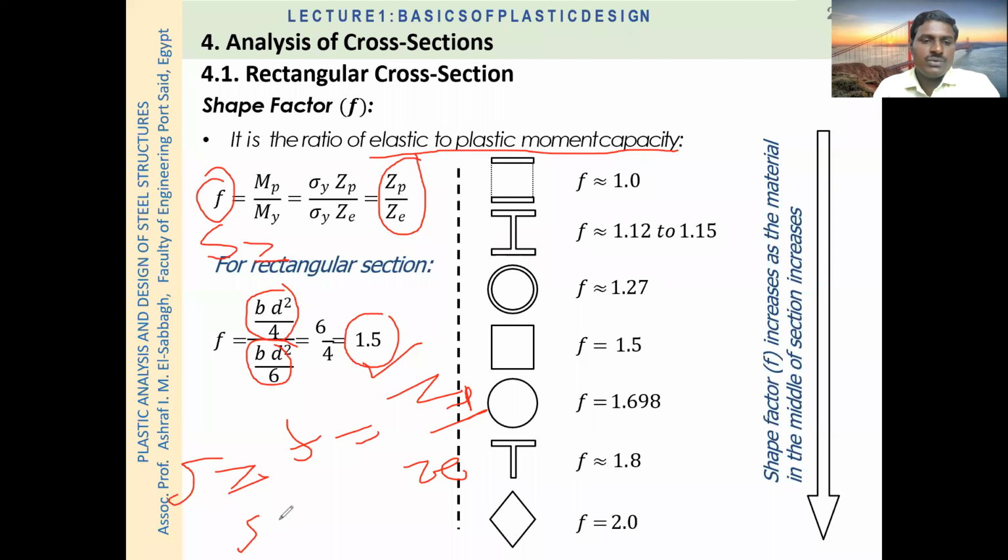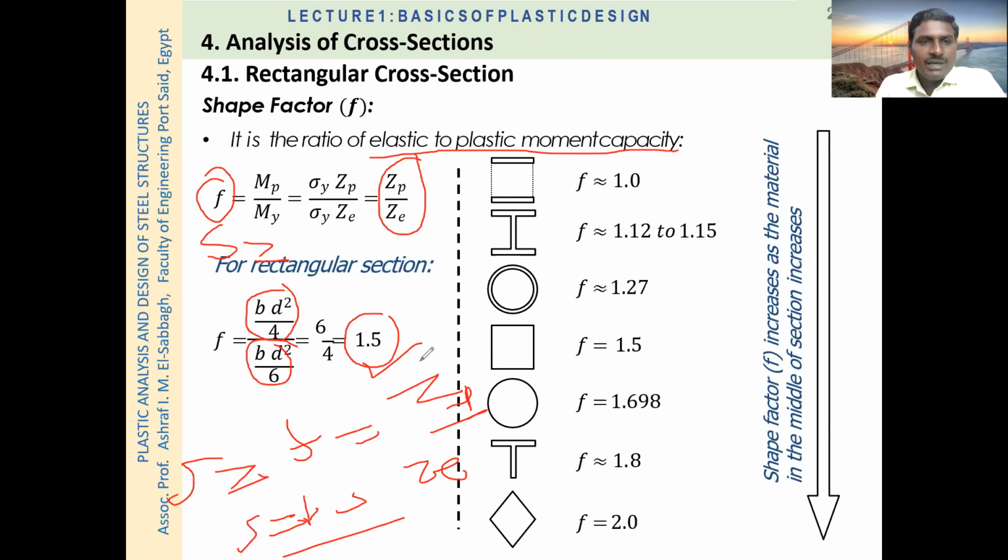So S is equal to 1.5 is the shape factor of a rectangle. And by using this shape factor, we can calculate the plastic moment and yield moment. Again, by using shape factor, we can calculate the collapse load or collapse moment.